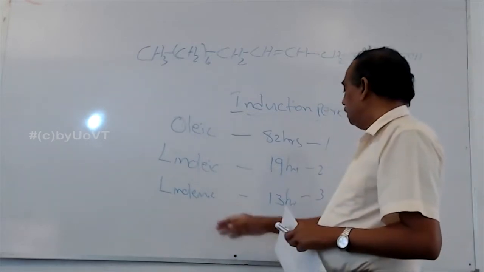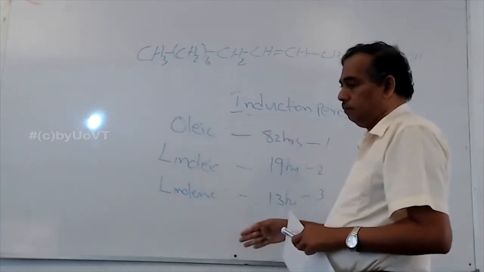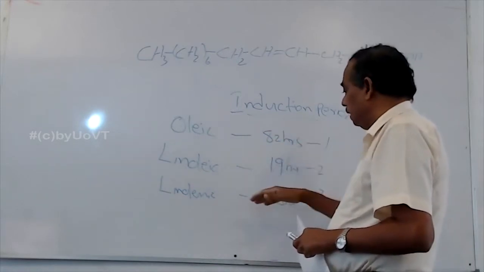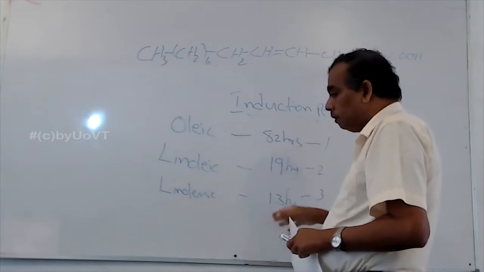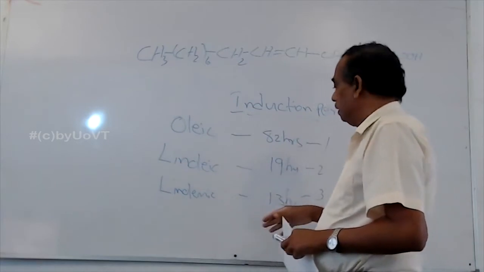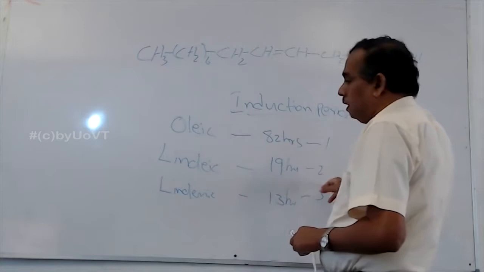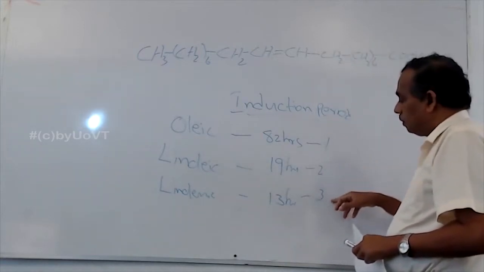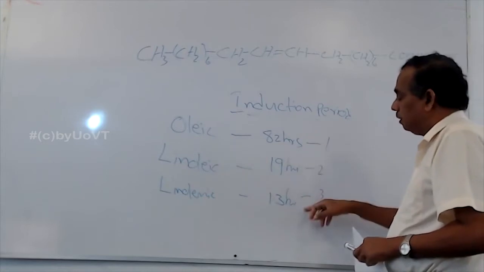Compared to the induction time, the highest induction time is oleic, then linoleic, then linolenic. The lowest time is linolenic, right? When we increase the degree of unsaturation, what will happen? Induction time decreases.